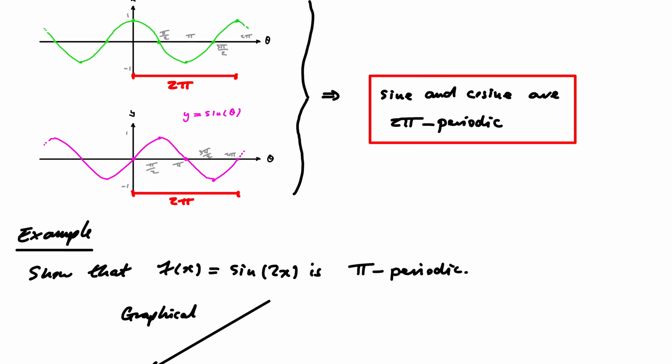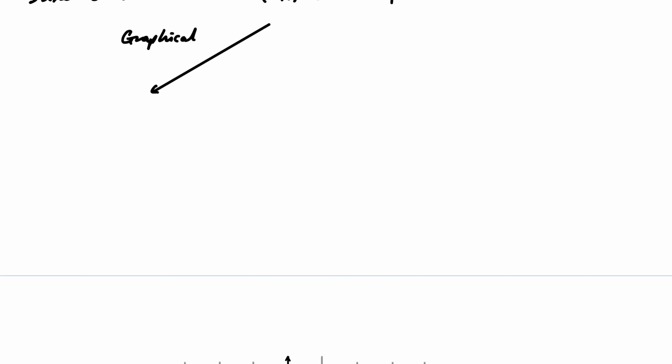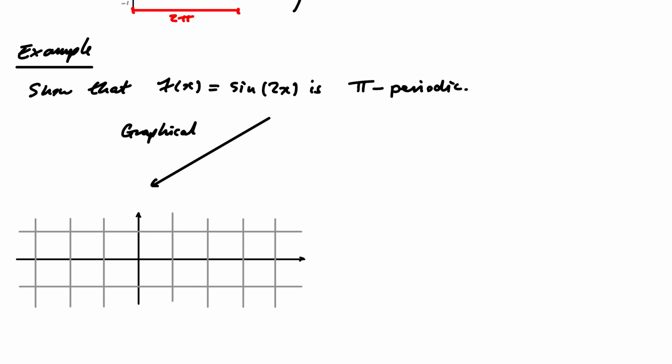It's going to compress horizontally by factor 2. So if I take this with the same scale as usual, then what's it going to look like? Well, it's basically going to go through this wave, but twice as fast. So what you'd end up with would be this, I think.